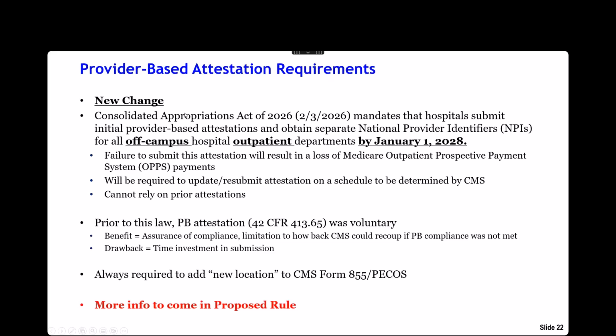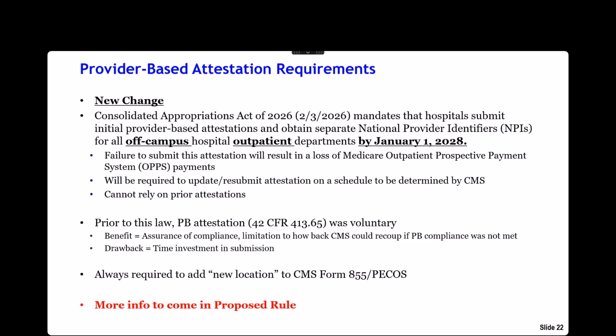But the new change from the Consolidated Appropriations Act of 2026, by the way, is limited to off-campus outpatient departments. So anything that's on campus or anything that's not an outpatient department wouldn't be subject to this. But it mandates that those provider-based units have a provider-based attestation submitted, a new one. Even if you submitted it in the past, CMS was very clear that it has to be done again.